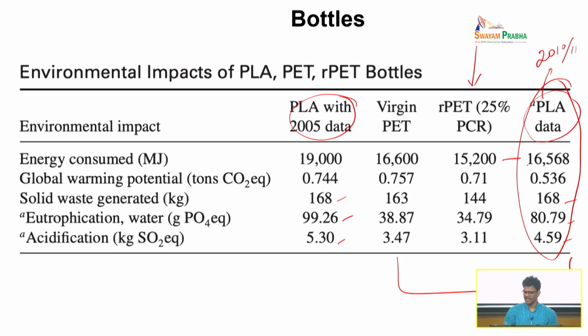Energy consumption is less, global warming is not so bad, solid waste is less, eutrophication is less, and acidification is also less. So what it means is, if it is possible to collect PET bottles, recycle 25%, and put it back into PET bottle production, you can actually balance out between PLA and rPET.